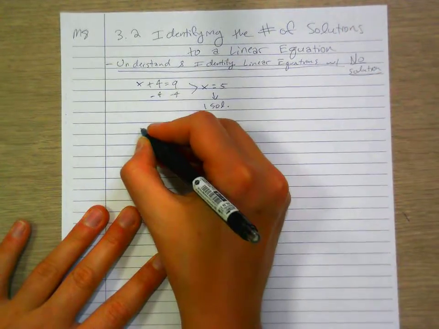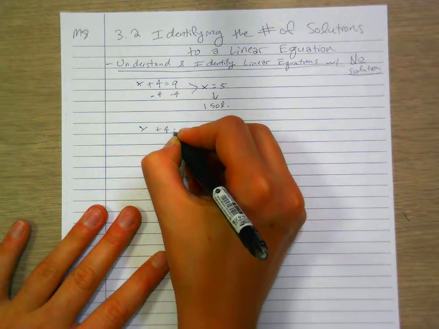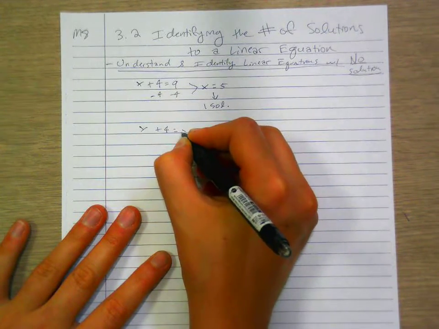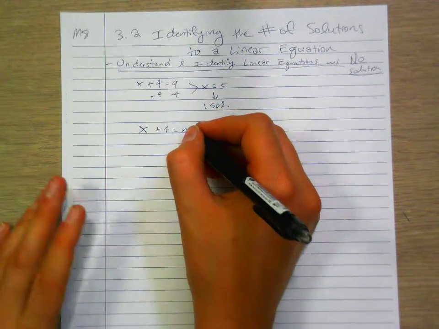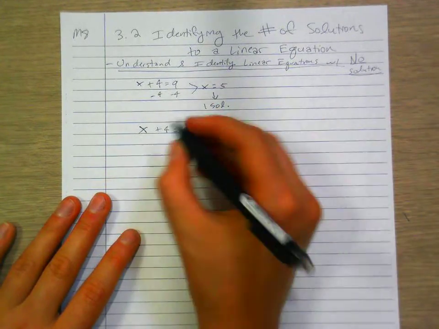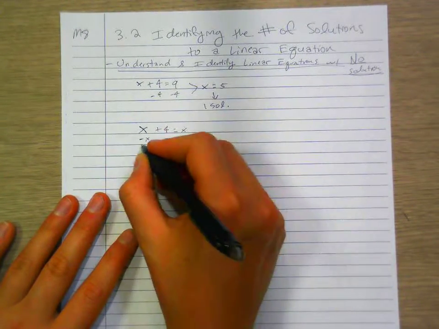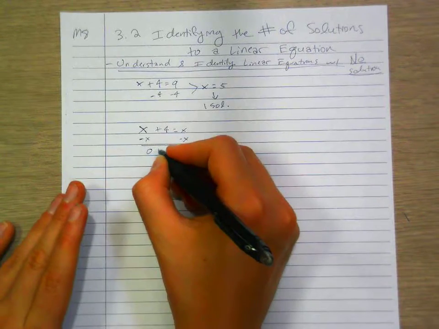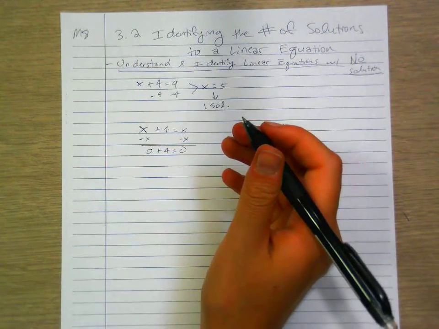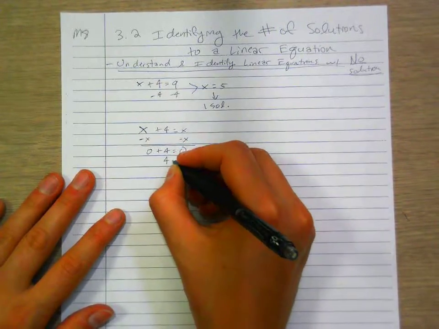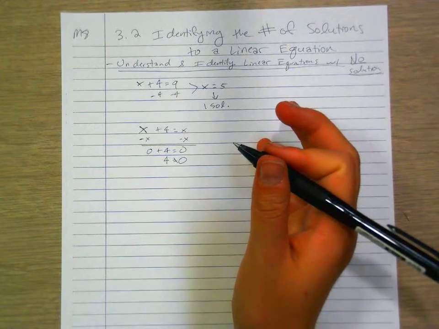Like if we try to solve x plus 4 equals x, I could put both the x's on the same side. So if I subtract x from both sides, that's going to give me 0 plus 4 equals 0. And I have no solution because it just tells me that 4 equals 0, but we know that 4 does not equal 0, so therefore there's no solution.